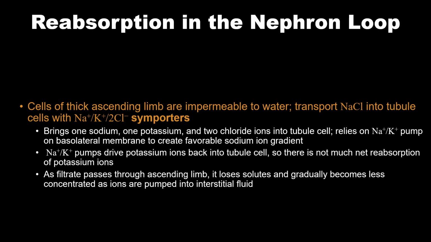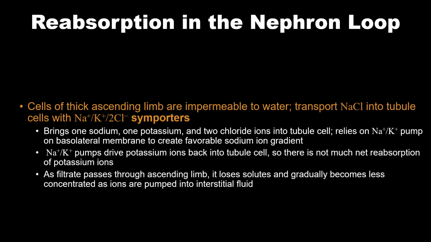Now, the cells of the thick ascending limb are going to be impermeable to water, but very readily transport sodium chloride into the tubular cells through sodium-potassium-chloride symporters. This secondary active transport brings in 1 sodium, 1 potassium, and 2 chloride ions into the tubular cell, relying on sodium-potassium pumps in the basolateral membrane.